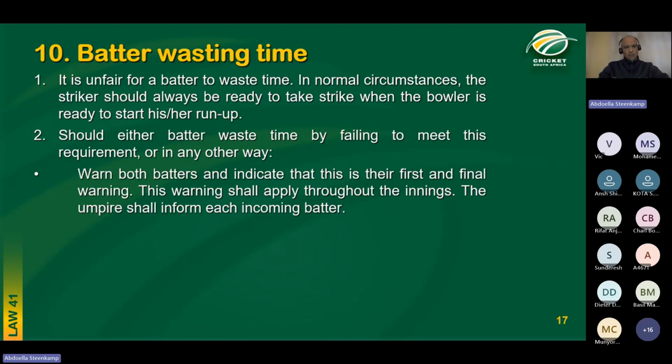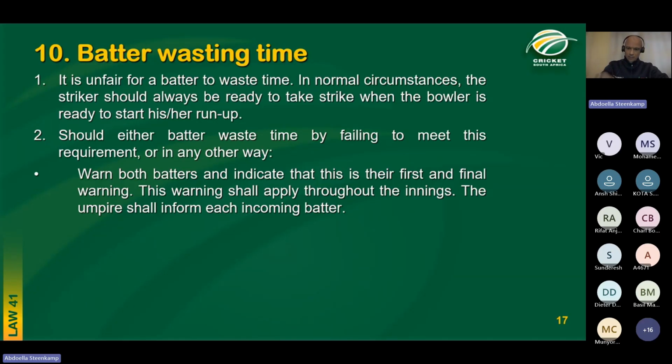Firstly, we'll warn both batters and indicate this is your first and final warning. This is a team warning. It's not a batter's warning or the opening pair's warning. It's a team warning, and this team warning applies throughout the innings.